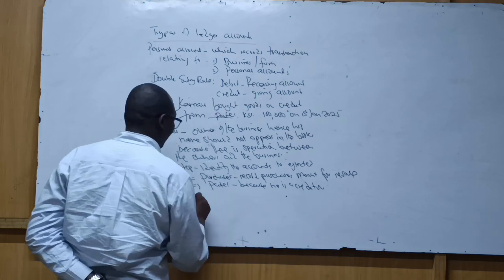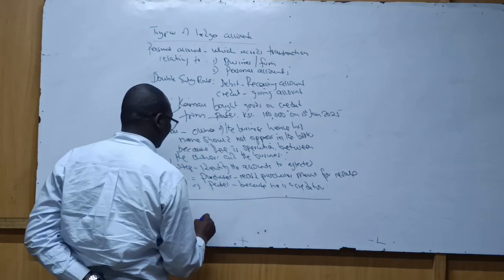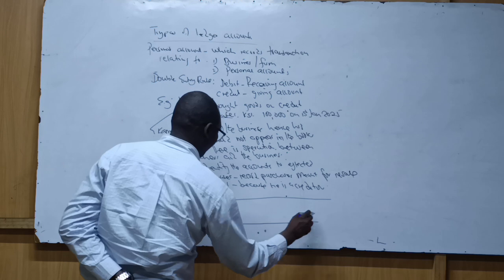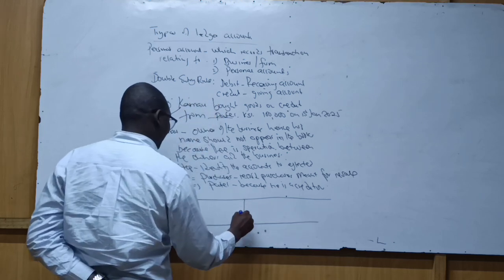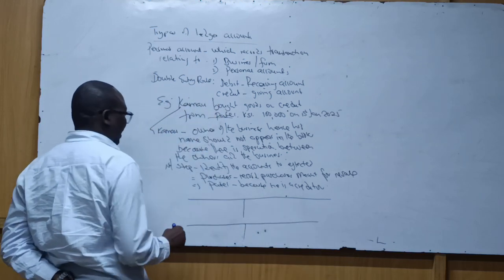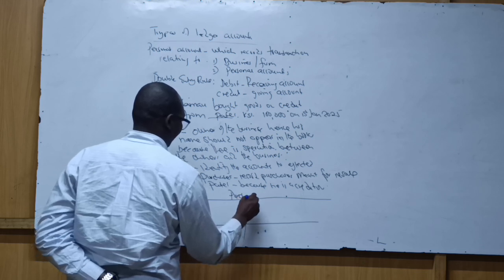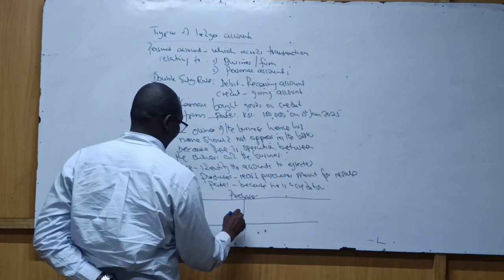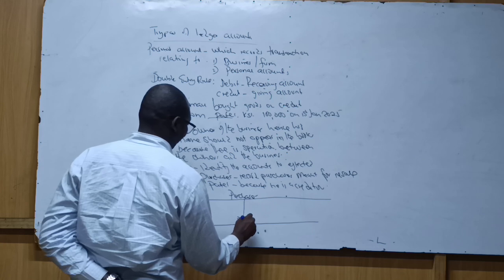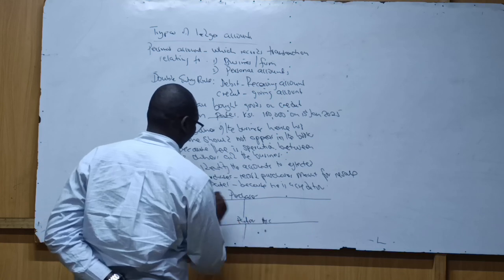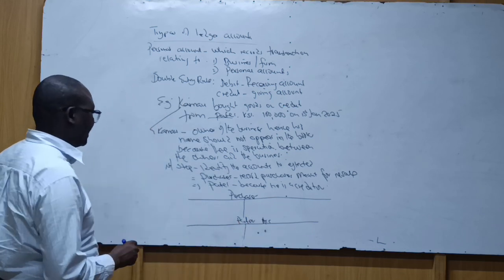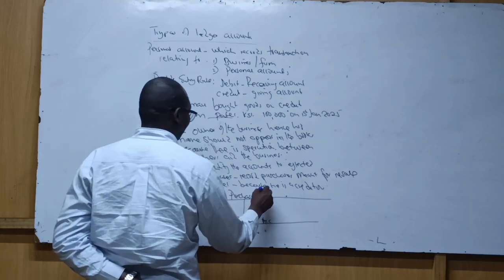So I'll have these two accounts: the purchase account and Patel's account.